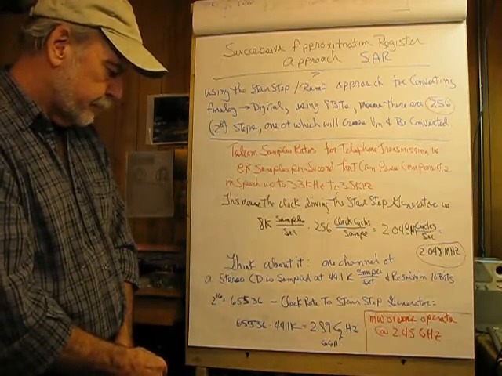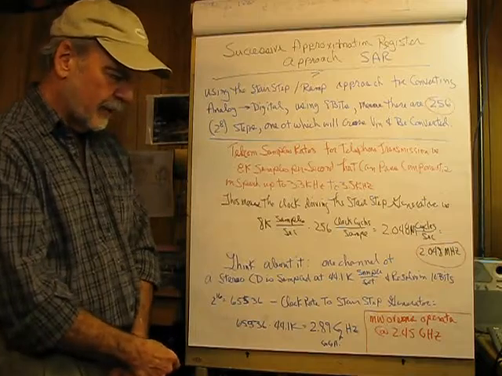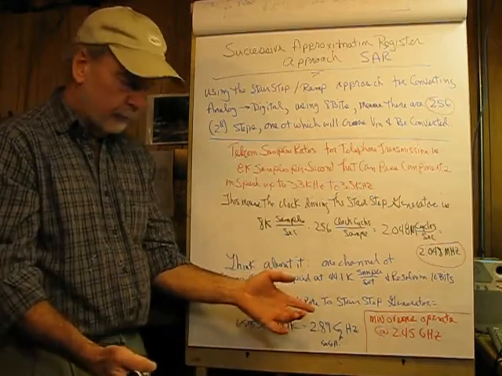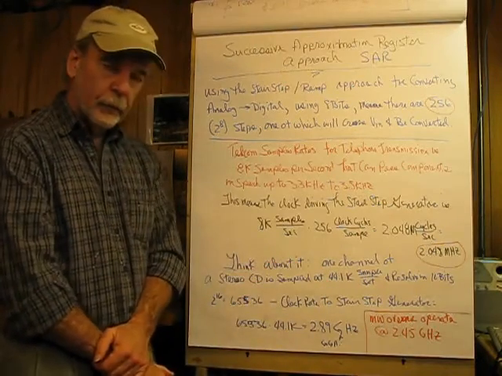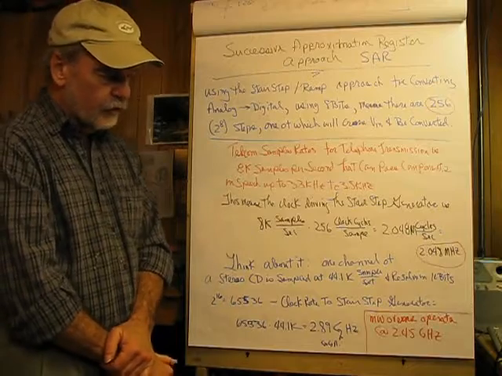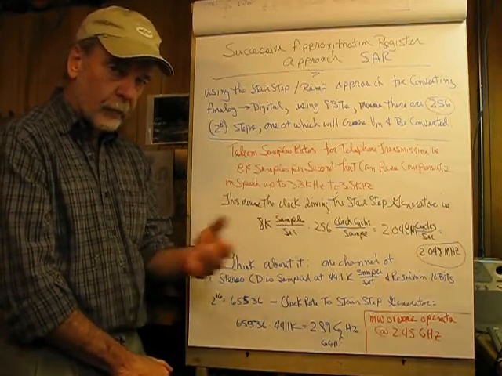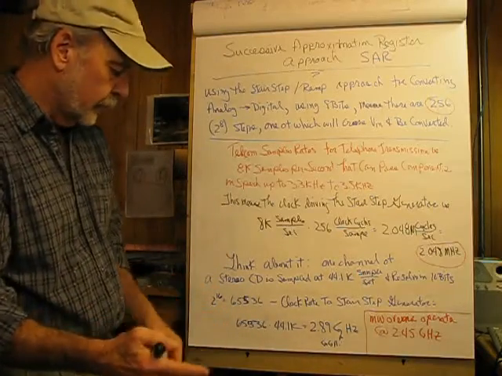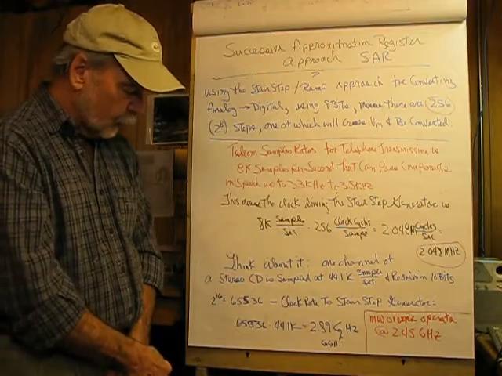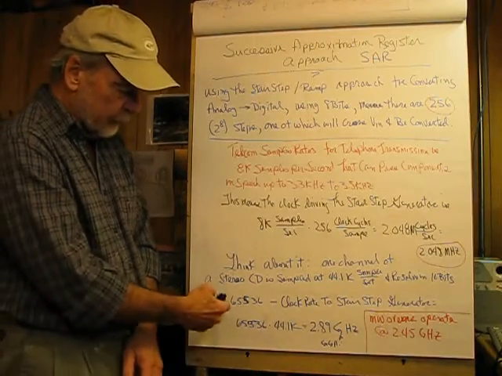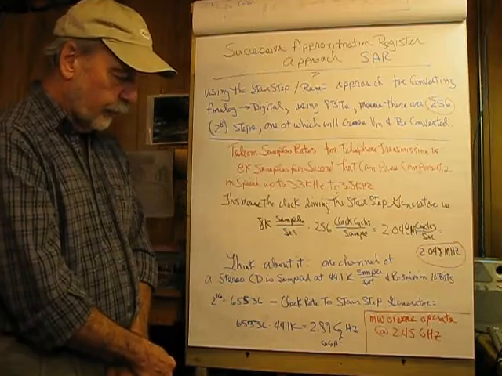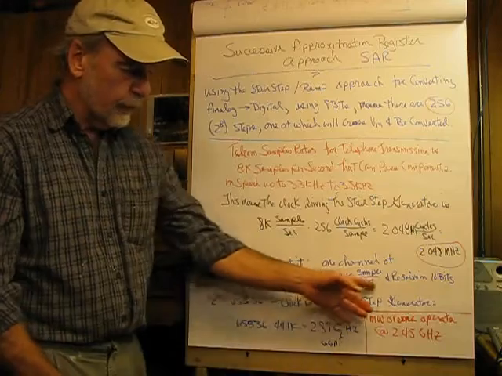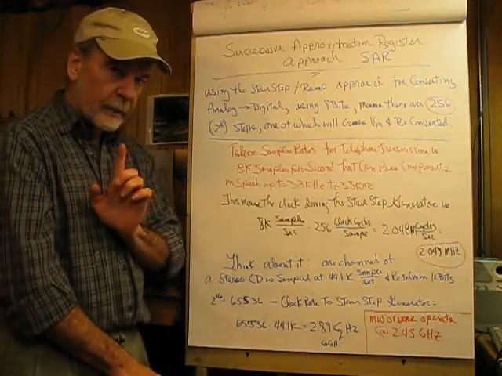So let's put this into context and talk about a stereo CD. The sample rate for commercial CDs is 44.1 kilosamples per second, and it's 16 bits linear pulse code modulation per channel. Now, all we're worried about is one channel, be it left or right. If we raise 2 to the 16th power, we get 65,536, and that would be the clock rate into the stair-step generator for one sample.